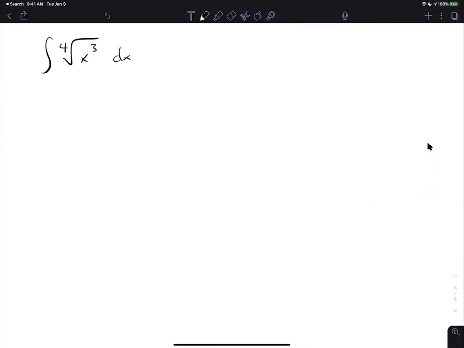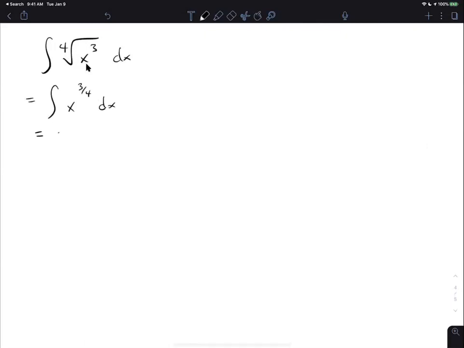None of them have radicals or square roots or fourth roots in them. How could I rewrite this so that it's like something we know how to do? Into a fraction. Yeah. So we can rewrite this as x to the 3 over 4 dx. That's a rule from algebra that if we don't remember, it's the power inside over the index of the radical when you do that.